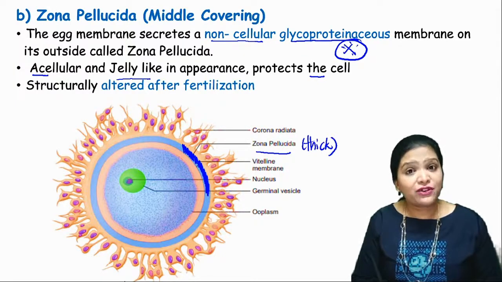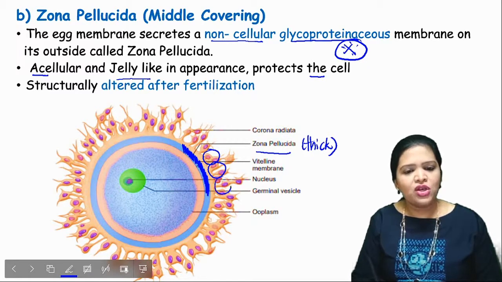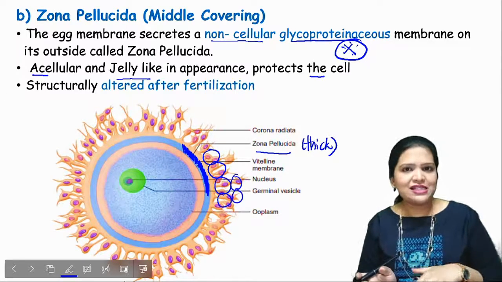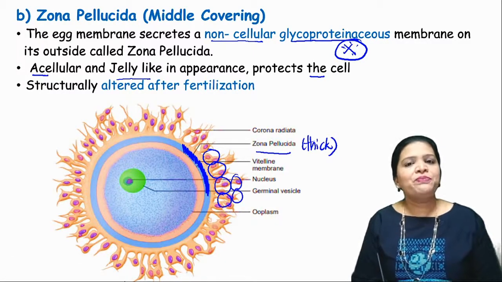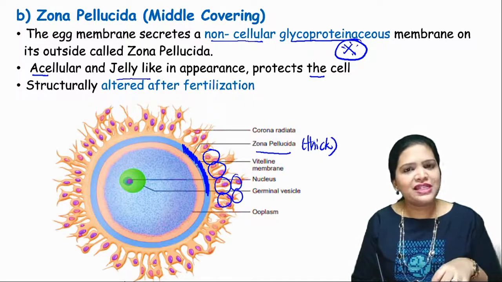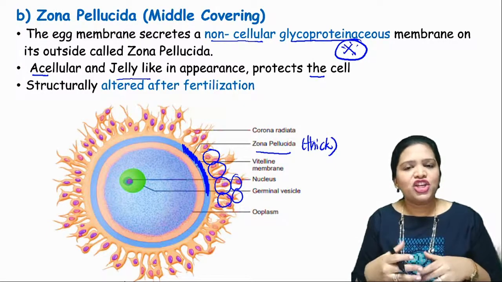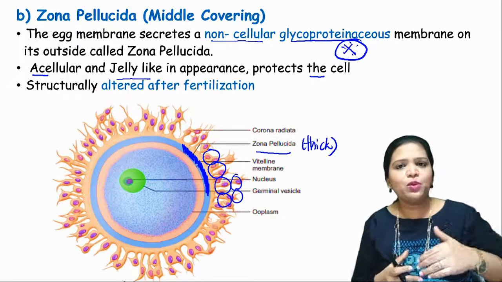So where are the follicular cells? See, outside the zona pellucida, these structures are there, no? These are the granulosa cells or follicular cells. These cells are secreting the zona pellucida. Clear? Once the fertilization finishes, what happens? The egg cell changes its zona pellucida structure so that a second sperm cannot enter.